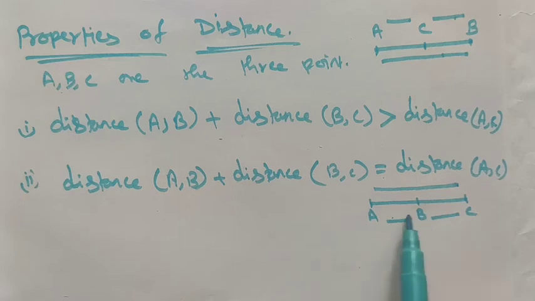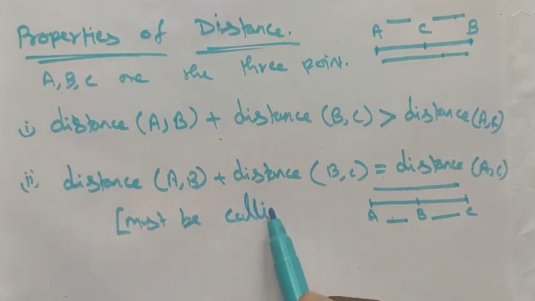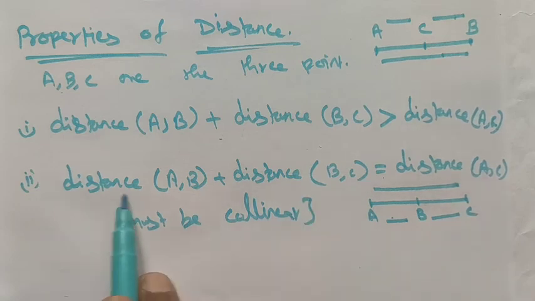The sum of these two distances is equal to the total distance, that is AC. So all the 3 points lie in the same straight line, so we call them collinear points. If this property is satisfied, it means they are collinear points.